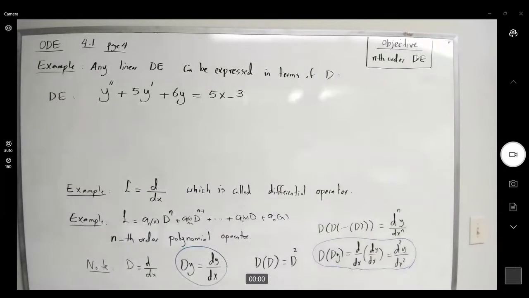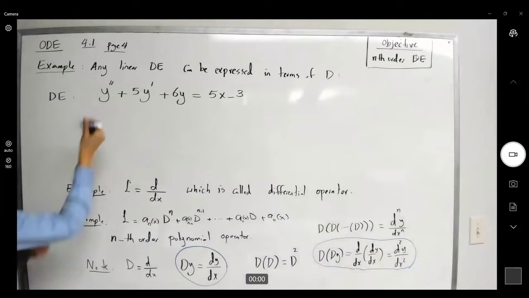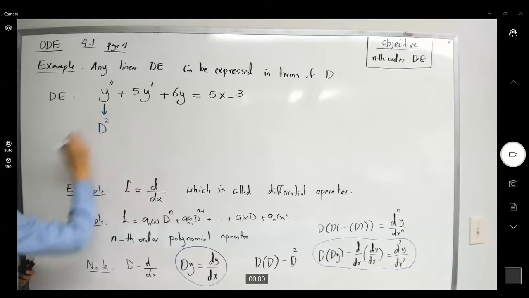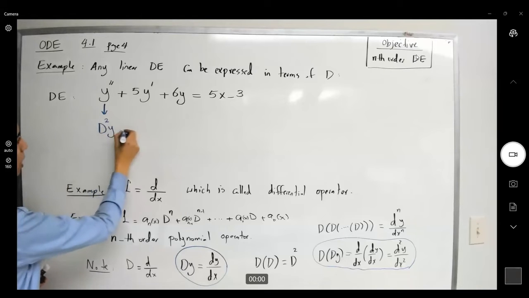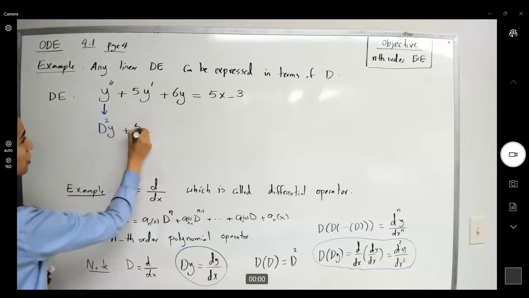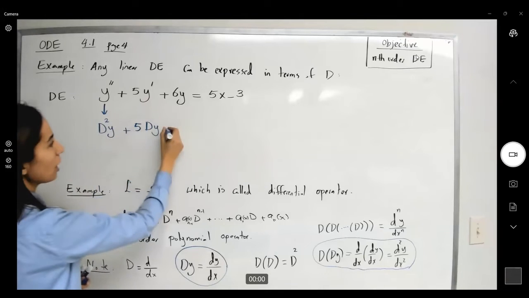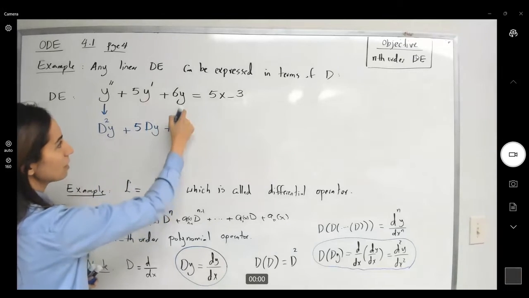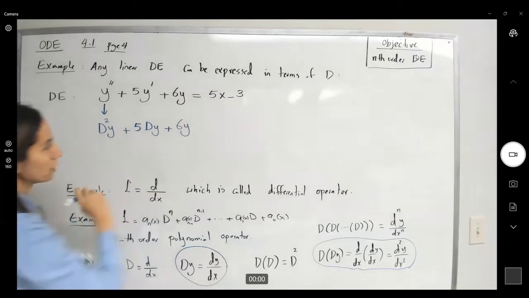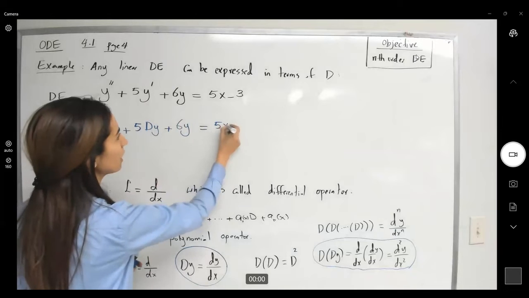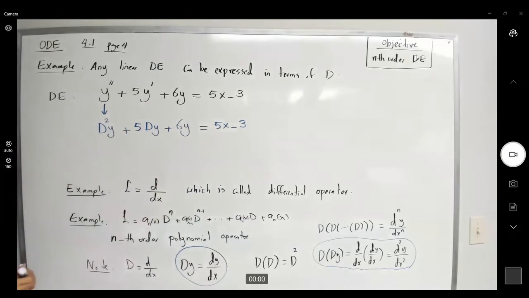So this guy is nothing but D squared y, plus, this guy can be written as 5Dy. And here you have plus 6 times y. On the right-hand side, we have 5x minus 3.